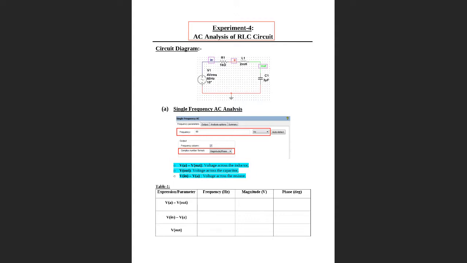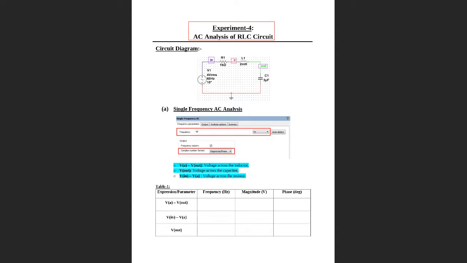First I will give you a general idea about the circuit. Then I will open Multisim and we will start with the practical experiment. I repeat again, for experiment number 4, we are going to start with AC analysis for the series RLC circuit, and the circuit diagram is available in your lab manual.